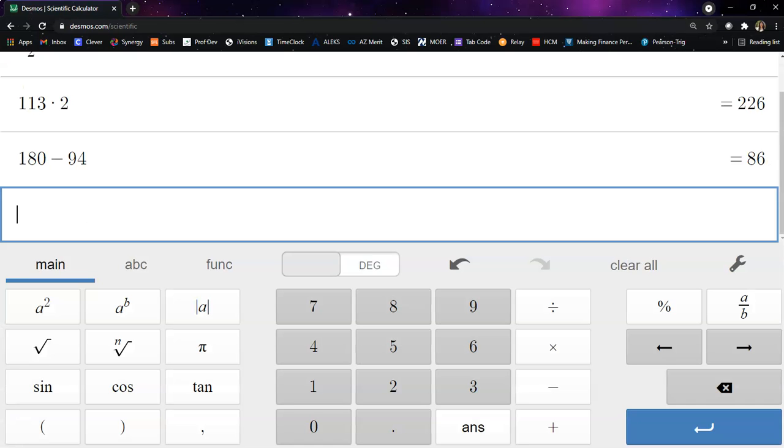So I'm going to do 360 minus 53 minus 65, which gives me 242.